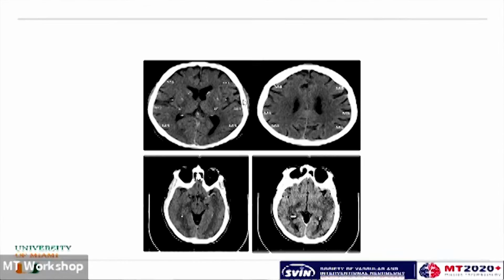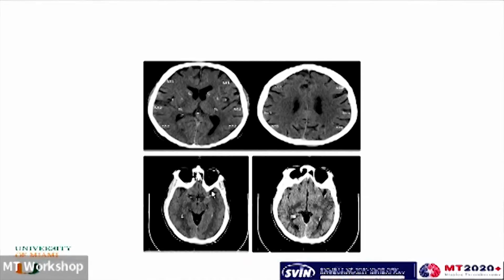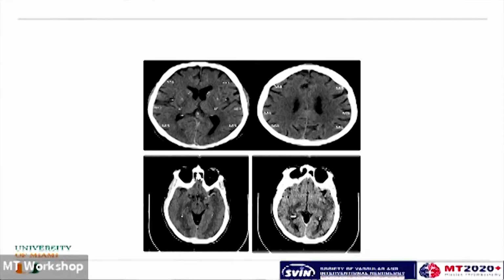The insular cortex is well preserved. There's no sulcal effacement. This scan would have an aspect score of 10. In the scan below it, you can see a hyperdense vessel sign and early ischemic changes just below the level of the basal ganglia. The higher levels are fine, and this person would have an aspect score of 9.